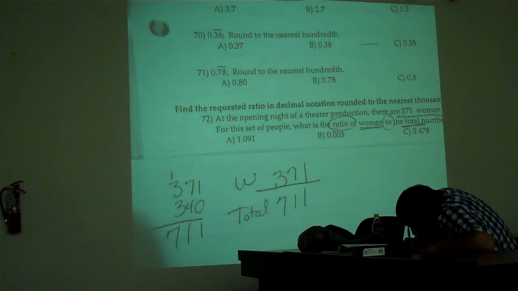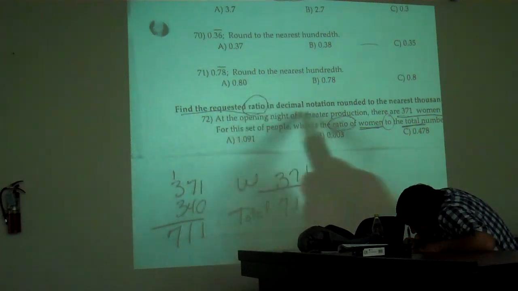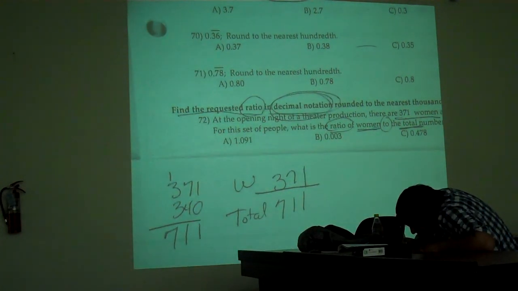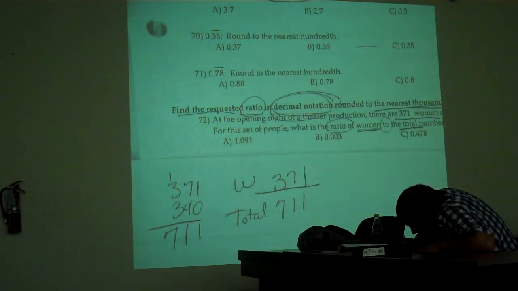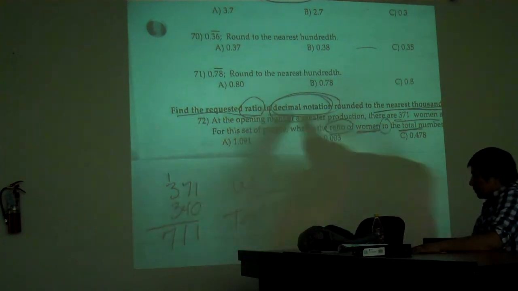Okay. It wants you to find the requested ratio in decimal notation and round it to the nearest thousandth. Right? So don't just get the fraction. It says to put it as a decimal.